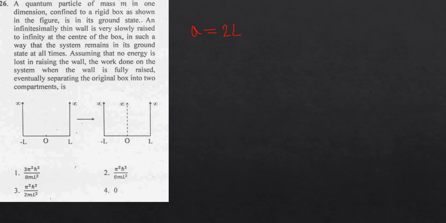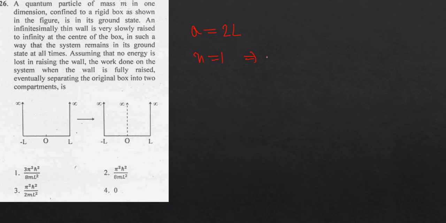A quantum particle of mass m in one dimension confined to a box as shown in the figure is in its ground state. So initially the particle is in ground state. Ground state means n is equal to 1 state.